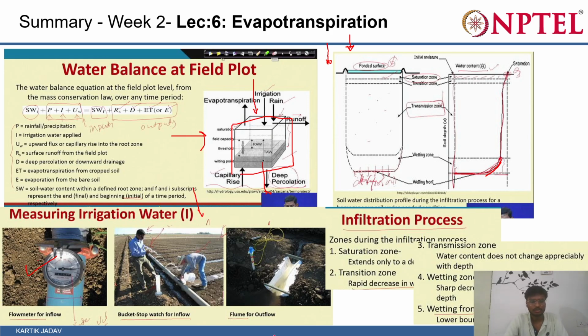Then also the bucket and stopwatch for inflow, which is the most common method, and we can easily calculate the irrigation flow, but this is very tedious and laborious, and a lot of labor is required. So nowadays people are using structures like flumes, weirs, and sensors that directly measure the irrigation flow.